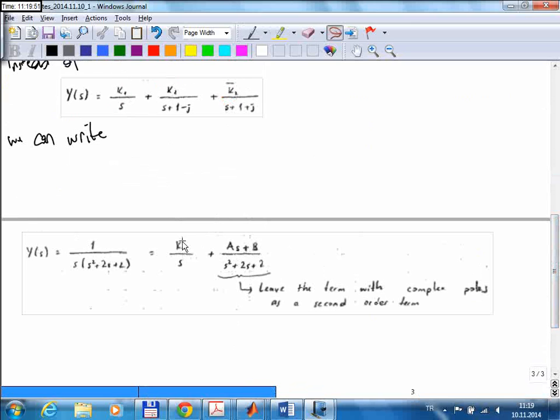But in the second one, there's this residue, and then there's the second order term. Okay, and this, for the second order term, on the numerator, I should leave a first order polynomial. So there are now two numbers to be calculated, A and B.